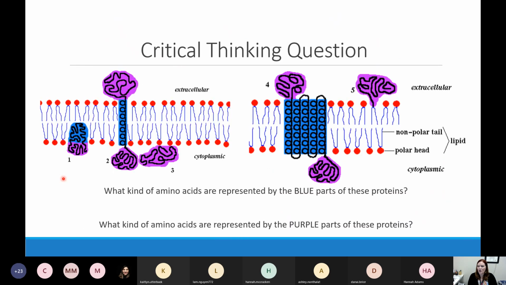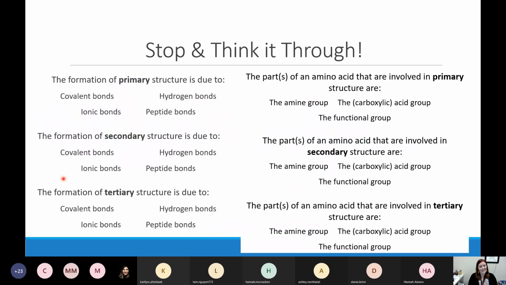Let me mention, I'm not going to take class time for this, but you have this activity in your notes outline where it asks you to compare all the stuff we've talked about so far. So the different parts of the amino acid that are involved in forming these different structures, as well as the specific kinds of chemical bonds that are used to form each. So as you're processing through what we've talked about in class so far, come back to this stop and think it through activity.